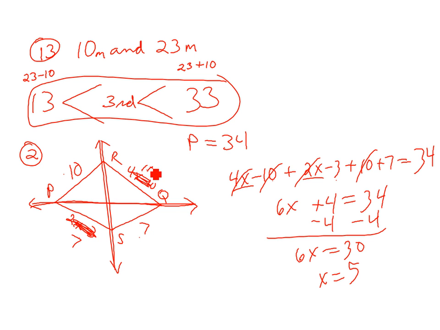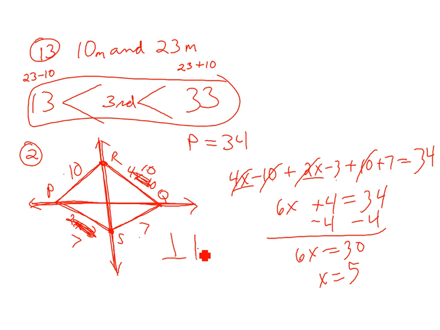4 times 5 is 20 minus 10, 10. What do you notice up here? Equals 10. Those are equal. So the distance from R to P is the same as R to Q. What do you notice down here? Distance from S to P is the same as S to Q. So what do these two do to each other?